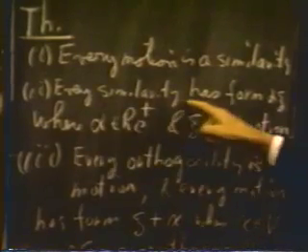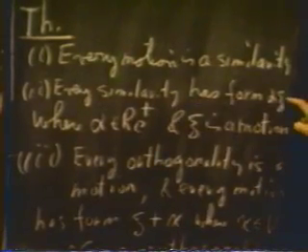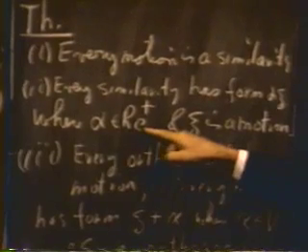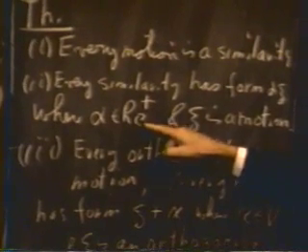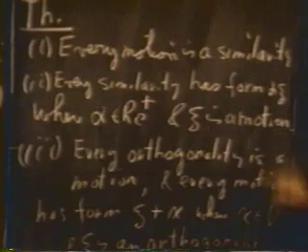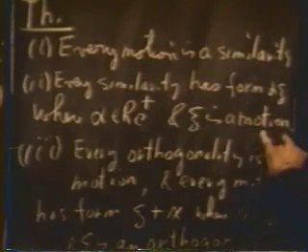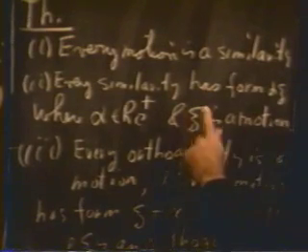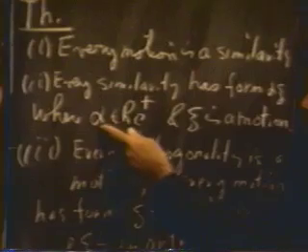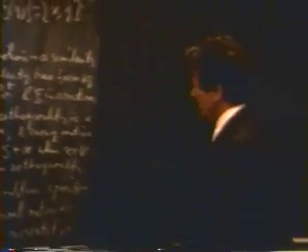Every similarity has the form alpha C, where alpha is simply a fixed positive real number, and C is a motion. So a standard way of thinking about similarities is to say, well, we have a motion, and then we have the possibility of a stretch, where alpha represents the change in the unit of measurement.